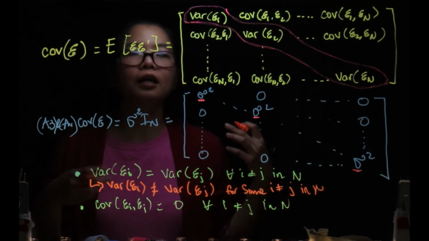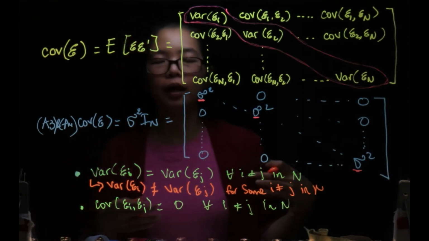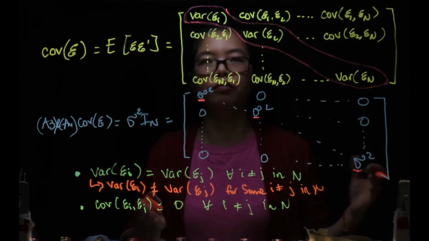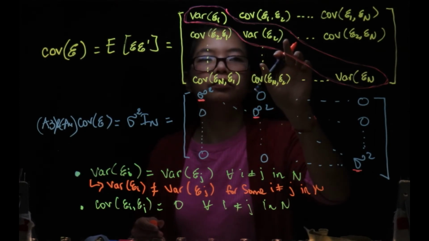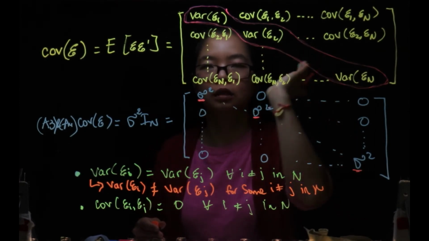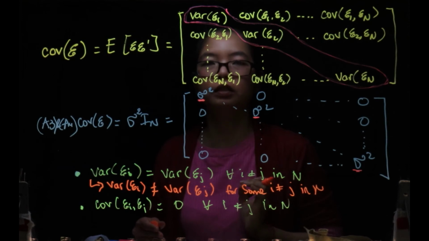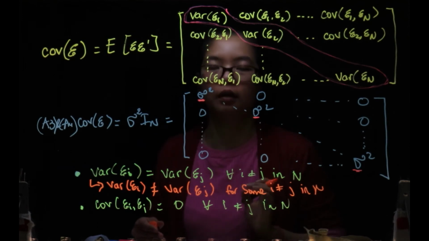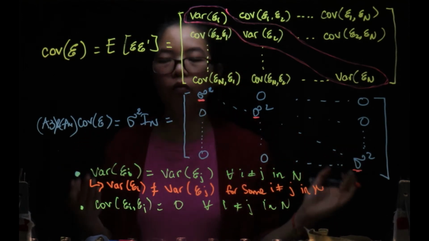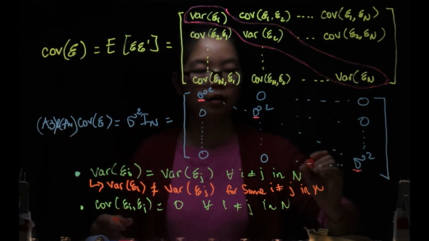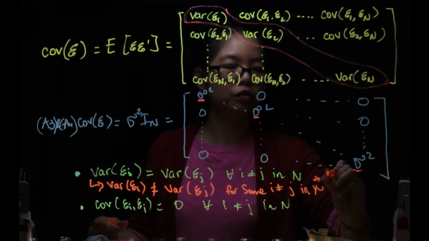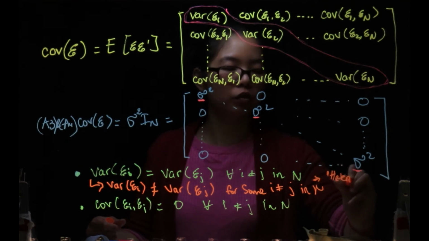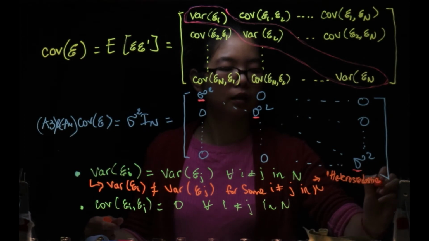So it doesn't have to be for all, but at least for several. Like for example, the variance of the first error term different from the second one, or some groups of variances different from other groups. Then that is already a problem. So this refers to heteroscedasticity.